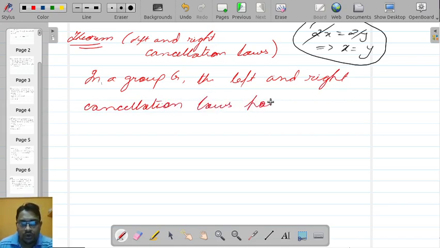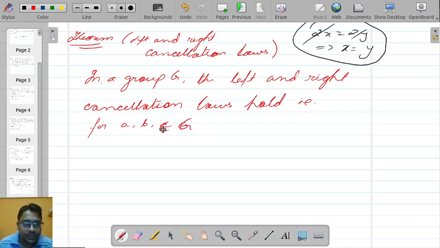Hold means they are satisfied, for A, B, C belonging to G.